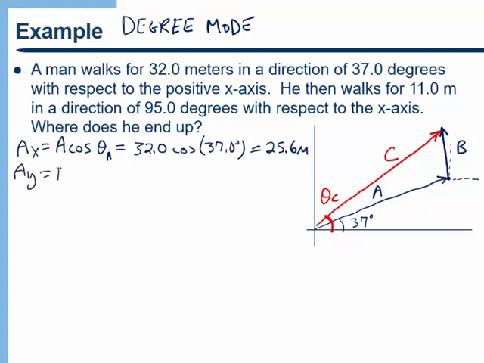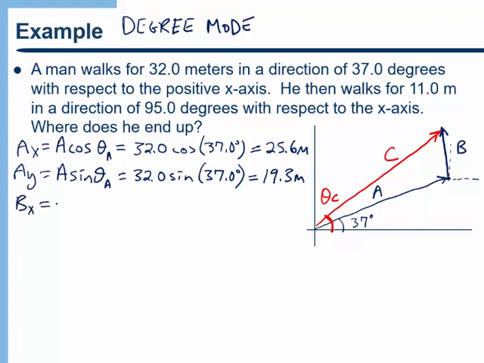AY is A sine theta A. So that's 32 times the sine of 37 degrees. I got 19.3 meters for that.